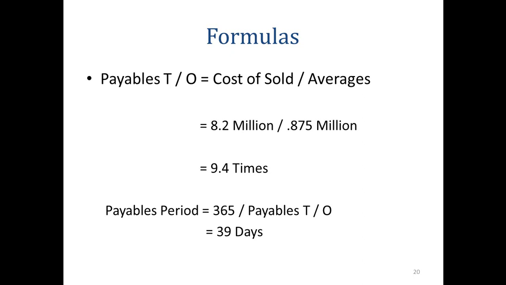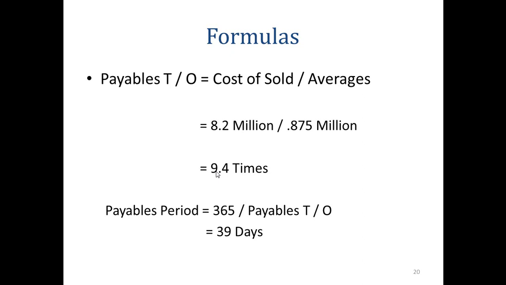The payables period is, again, nothing more than the full 365 days over that turnover. And this is probably something you want to think of this way: make that period longer, and there's an ethical component that I'll talk about in class, because you don't want to stretch out your payables and not pay your vendors when it's actually due.